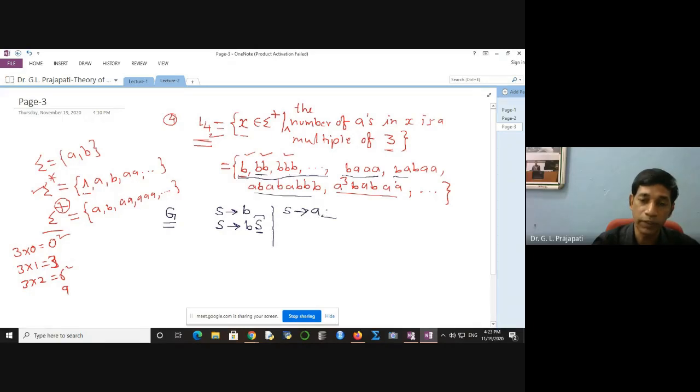So this is not the same problem here. So how many a's do you need? A multiple of 3 minus 1, because you have already used 1. So I can use the non-terminal A. So S derives aA. Now you have to specify the rules for A. So how can you replace A?